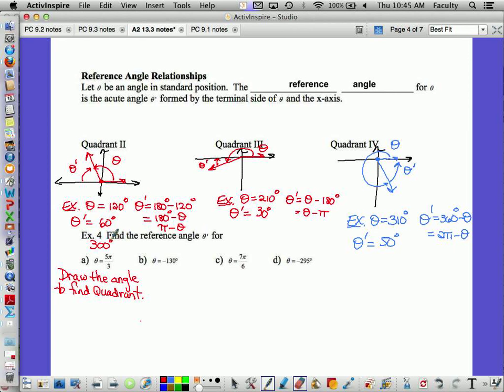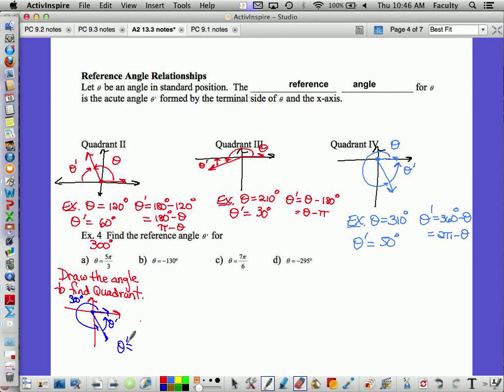That's a fast way to do these. So if I'm at 300 degrees, that's the fourth quadrant. So you need to draw the angle. So that's 300 degrees. This here is the reference angle, theta prime.